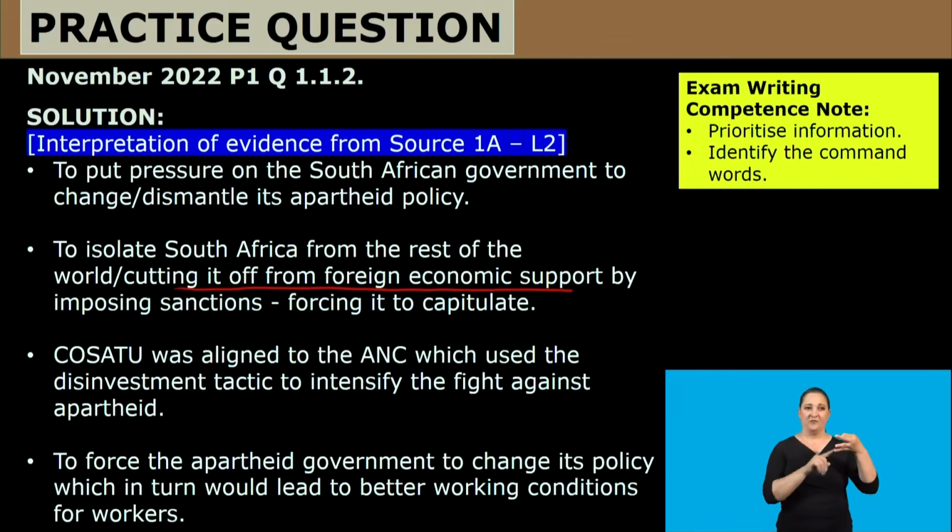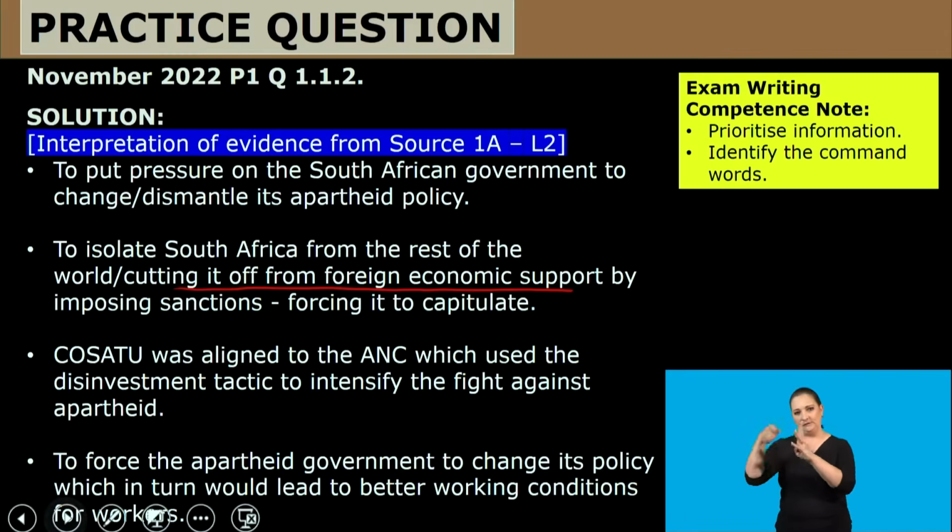COSATU was aligned to the ANC, which used the disinvestment tactic to intensify the fight against apartheid, to force the apartheid government to change its policies, which in turn would lead to better working conditions for the workers. So it's any relevant point there.